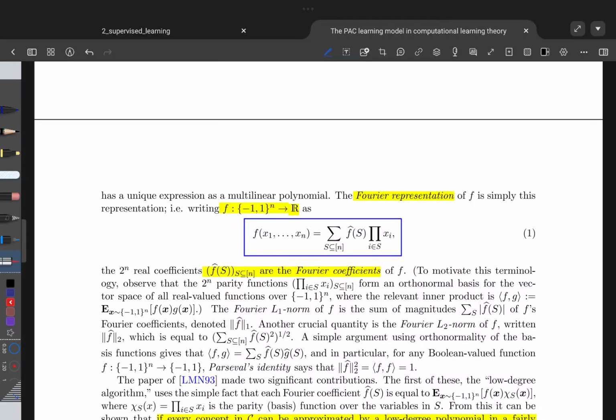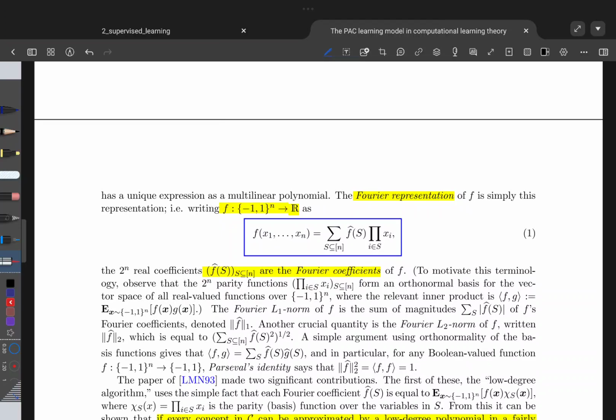All right. And one very popular technique to analyze this uniform distribution setting is using the theory of Boolean functions, where you use the Fourier representation of a particular function. So you're given any arbitrary Boolean function. The input is the set of all binary sequences of length n. The output is a binary value +1 or -1.